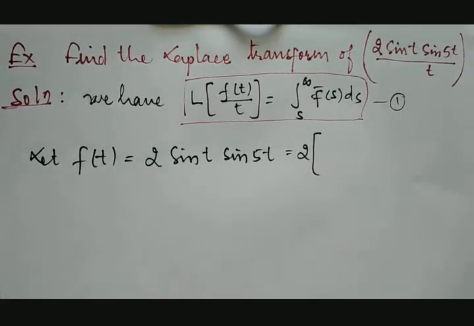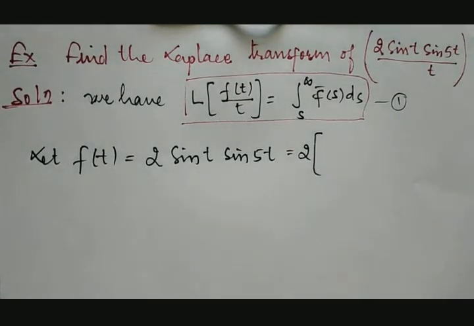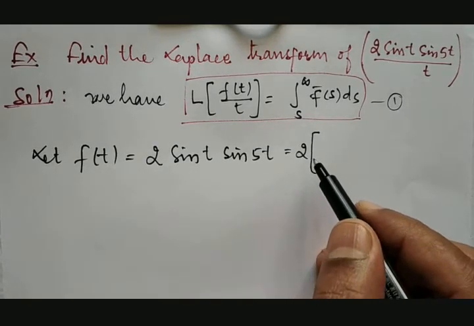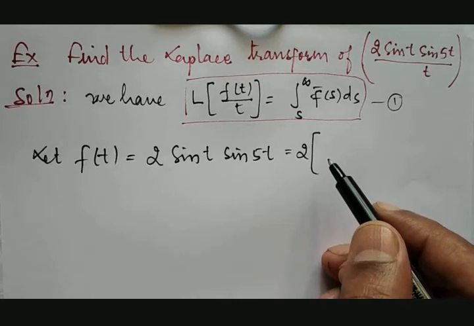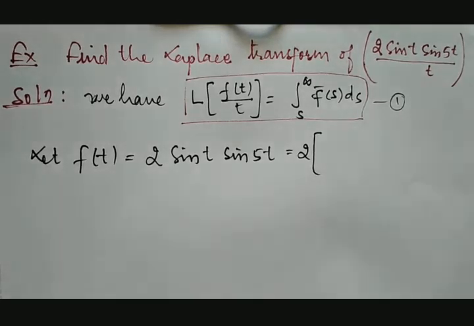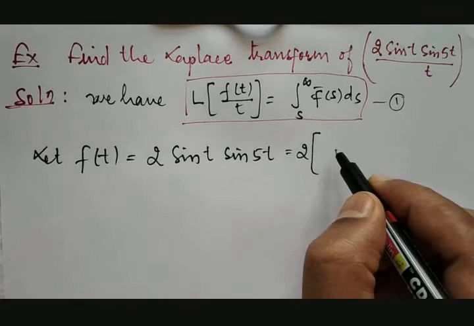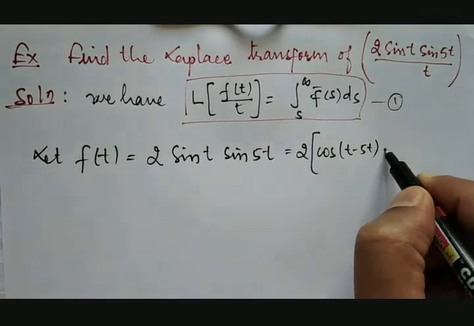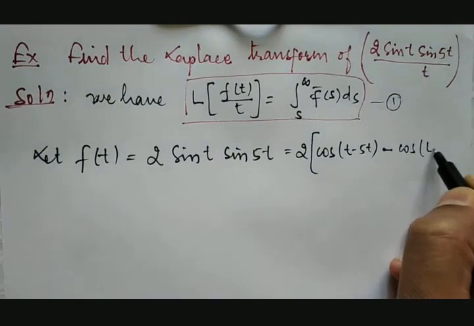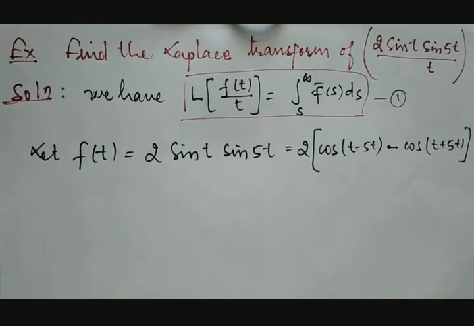How do you solve this? We have a property which says sin A sin B is equal to 1 by 2 into cos A minus B minus cos A plus B. Therefore, as per that, it is cos of t minus 5t minus cos of t plus 5t, as per the property.